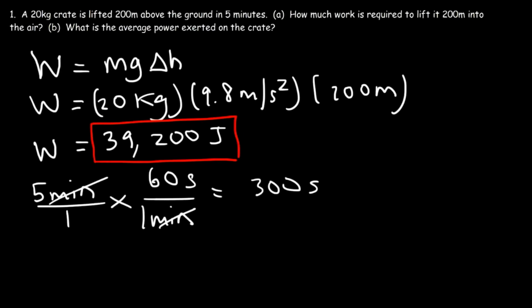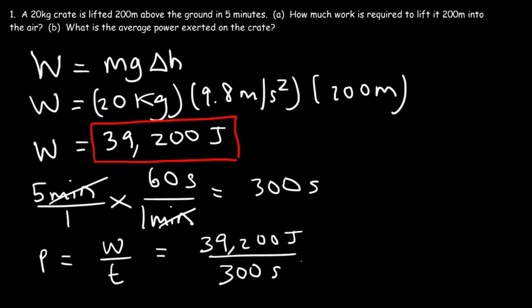To calculate the power, it's the work divided by the time, so 39,200 joules divided by 300 seconds. The average power is about 130.7 joules per second, or watts. And so this is the answer.